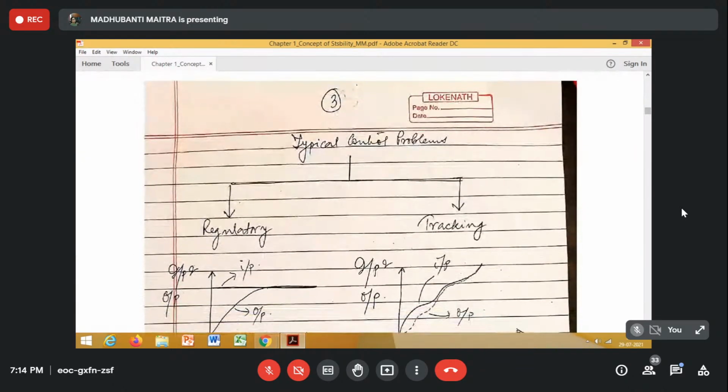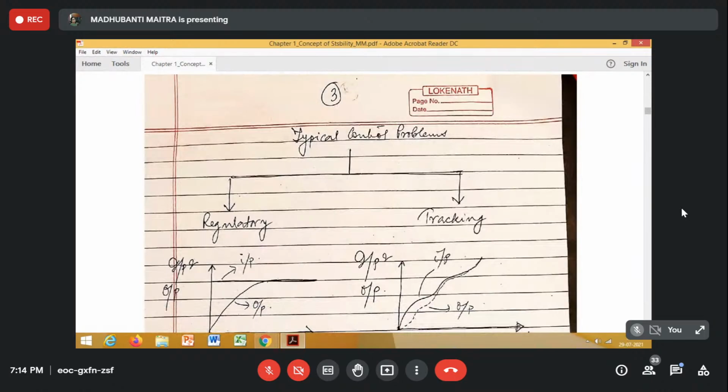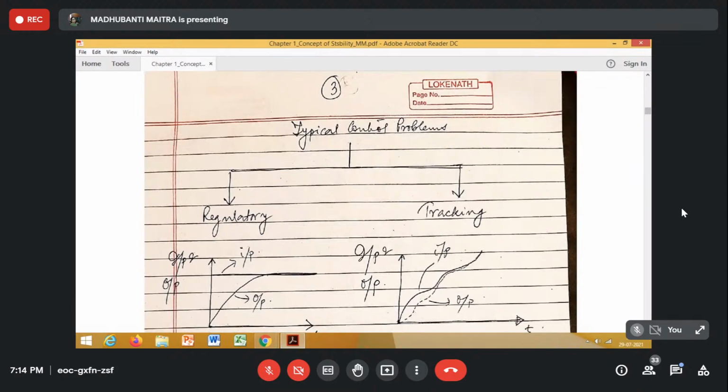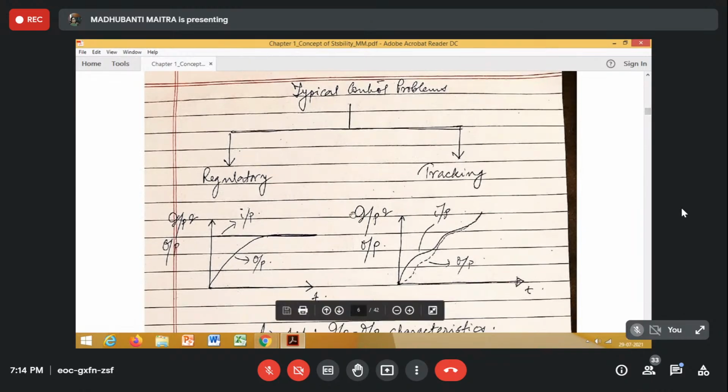Now let's come to this diagram. So typical control problems, as we have seen, are the regulatory kind of problem and the tracking kind of problem. As we have discussed, in the first case, the input command or the input signal is constant, like this, right? So this is the input signal.